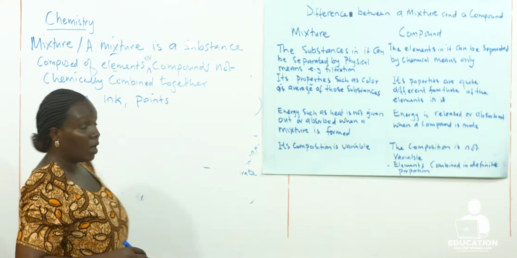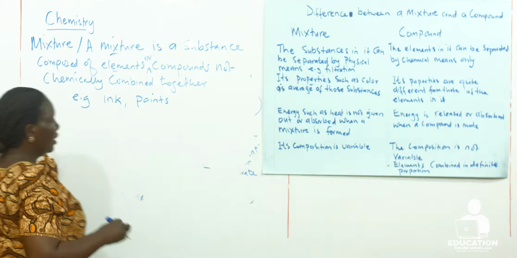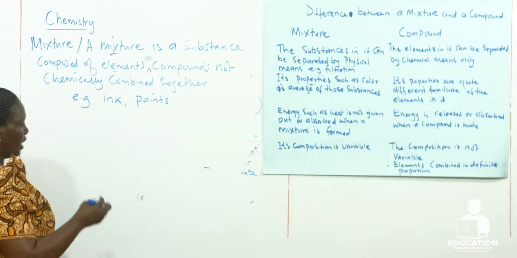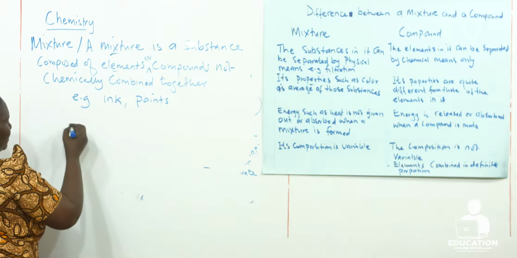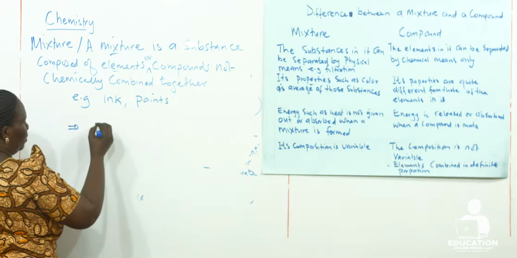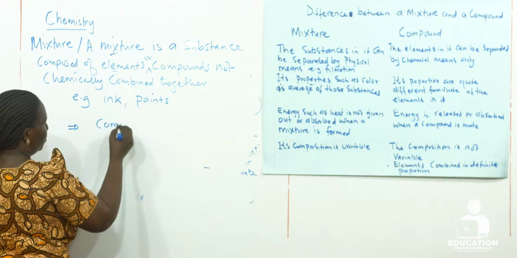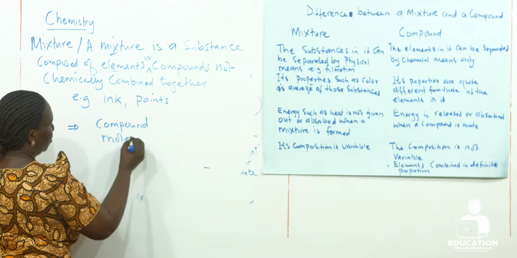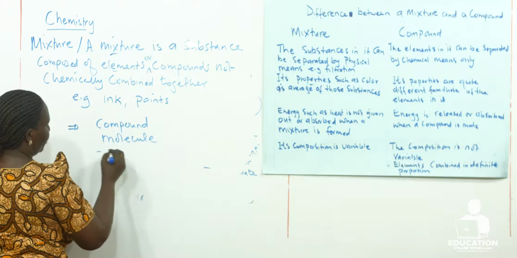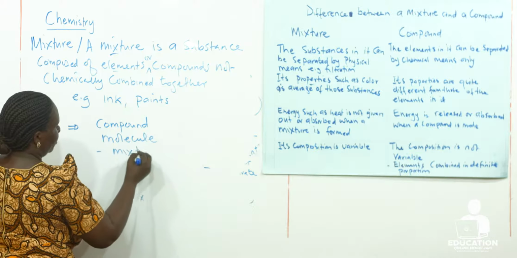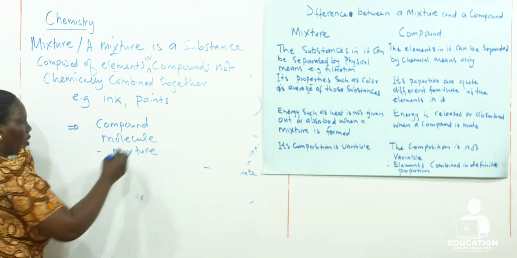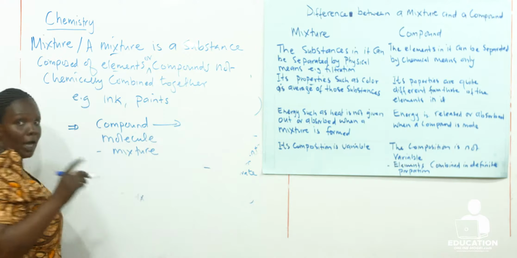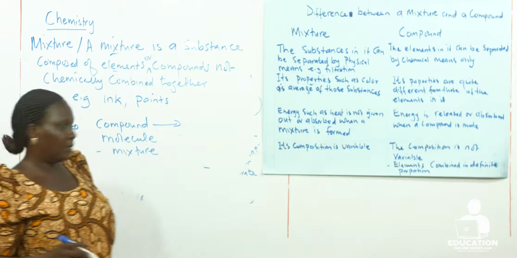So, generally, any student learning chemistry must be able to differentiate between a compound, a molecule, and a mixture. As I said, a compound is composed of two or more elements chemically combined together.